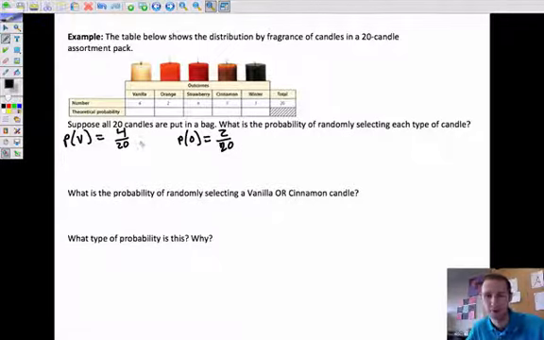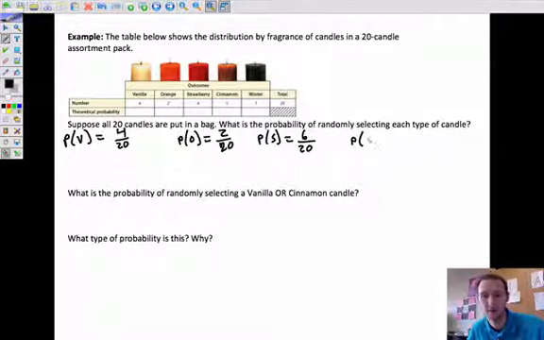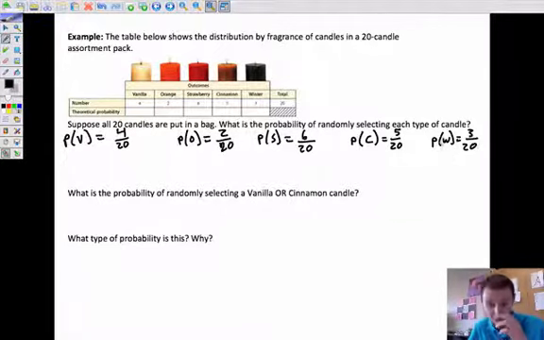You can if you want, or you can write them as a percent if you want, but I don't think we need to take the time to do that. The probability of strawberry would be 6 out of 20. Probability of cinnamon would be 5 out of 20. And probability of winter would be 3 out of 20. Okay, so those are all our different probabilities for each different type of candle.